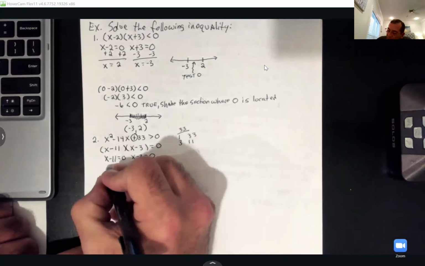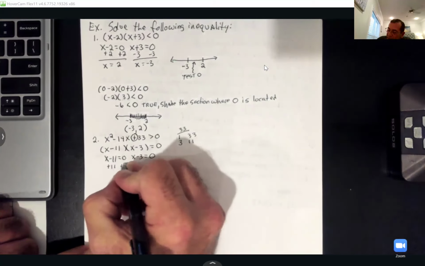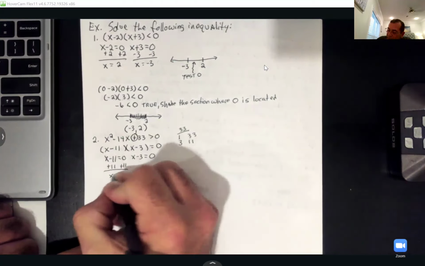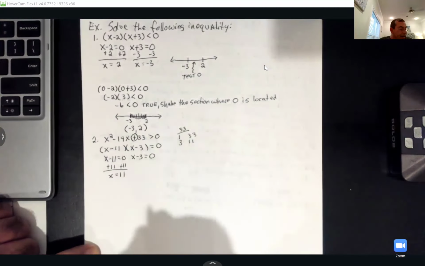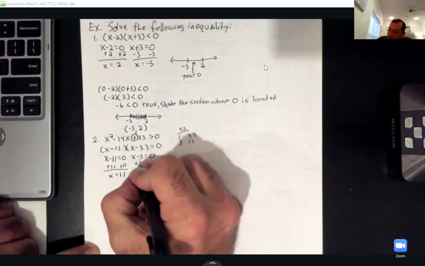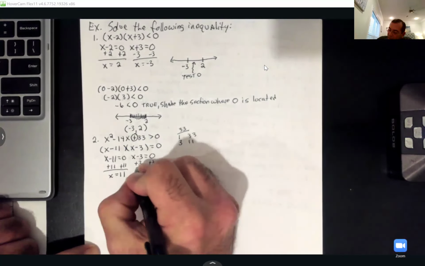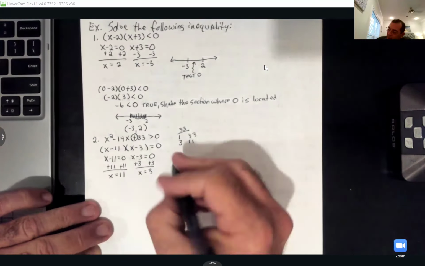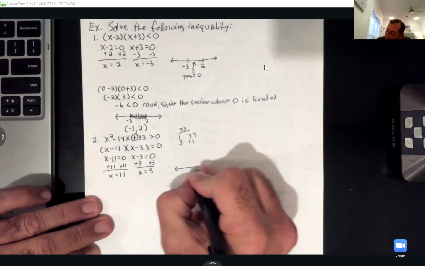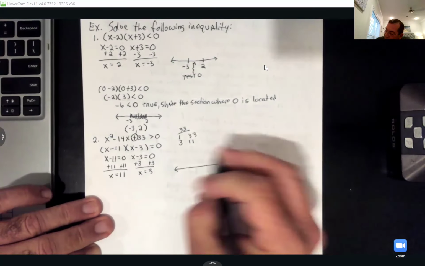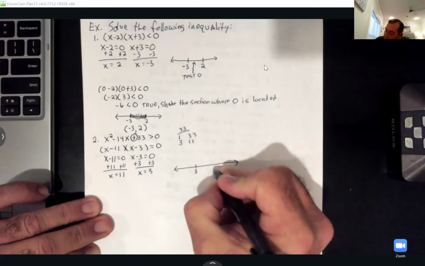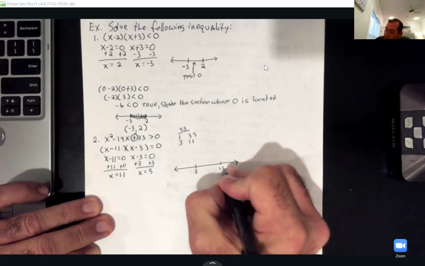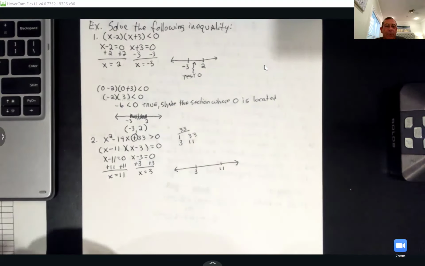Oh, they're both going to become positive, right? So add 11 here. X is 11, and then add our 3 here. And x is 3. So we know what our number line is going to look like. So check this out.